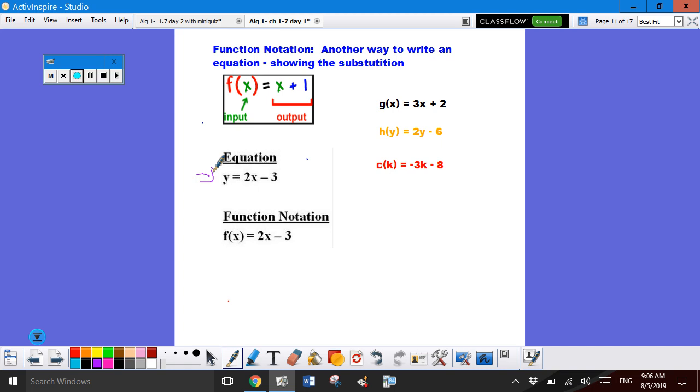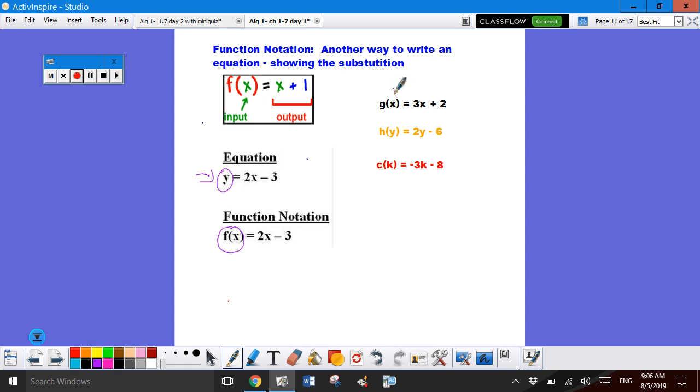That's a linear equation. I know that it has a slope and a y-intercept, mx plus b, not a big deal. The only difference between an equation and function notation is the f of x replaces the y. There is no difference, okay? There is no difference. It's just fancy substitution.